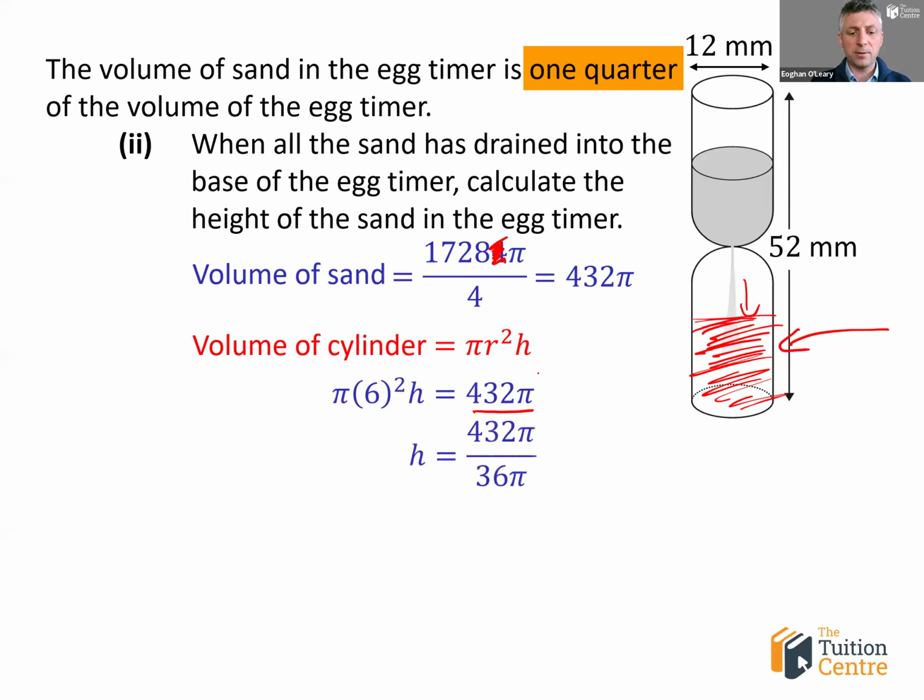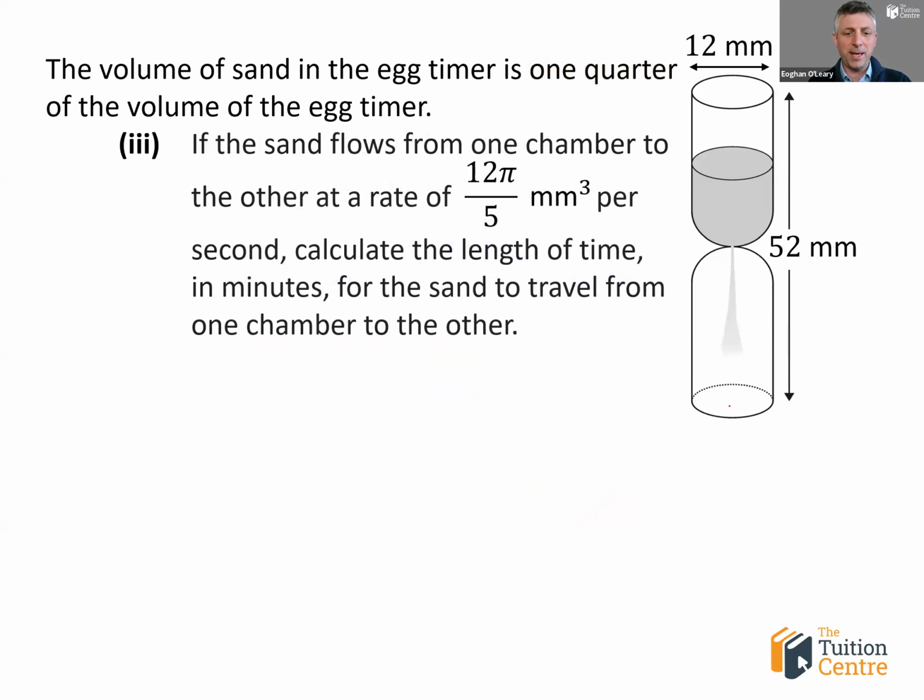If I square 6, I get 36. So I'm going to divide across by 36 pi. The pi's cancel, obviously, and we end up with an h of 12 millimeters. And of course, that does make sense, that if the height of sand is 12 millimeters, it's entirely within the cylindrical part. So 10 marks for that, and we're going okay.